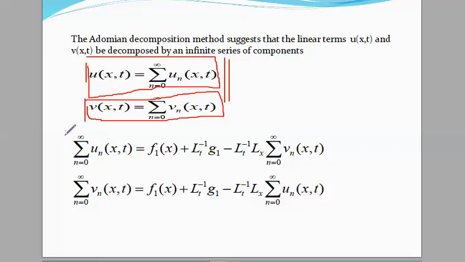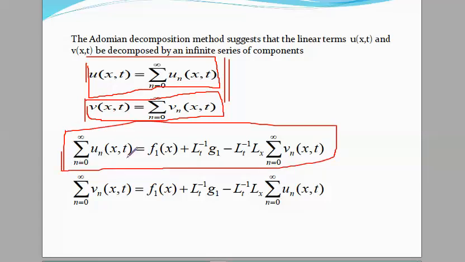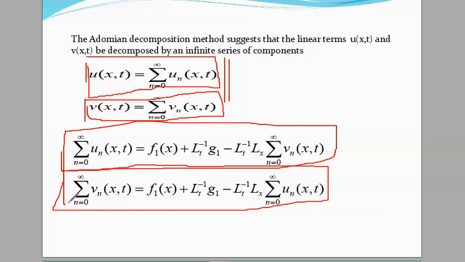So for the first equation, this will be exactly the summation form or series form of the above partial differential equation, and this will be the series form of the second partial differential equation. These partial differential equations are linear in nature, there is no nonlinearity in them. Okay. Now once we expand this series, it starts from u naught, and the answer for u naught is exactly this one.